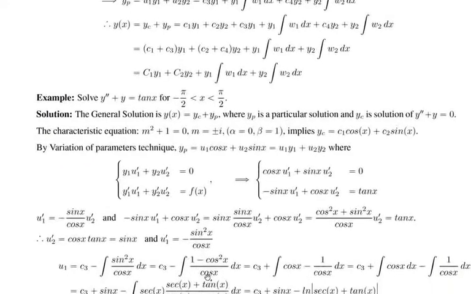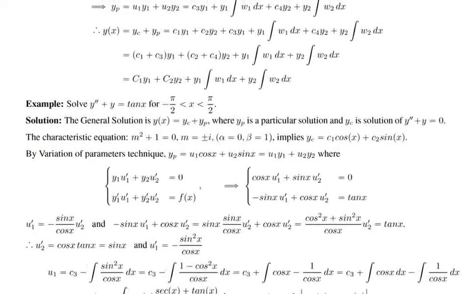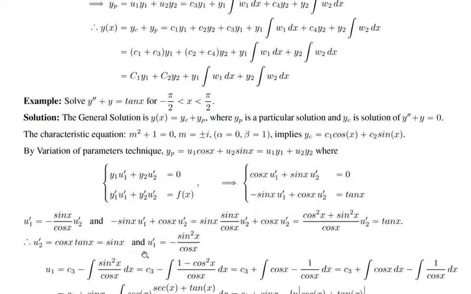The next step would be to integrate those two formulas and find what u1 and u2 are. First we need to integrate minus sine squared x over cosine x. Recall the antiderivative of this term is some constant c3 minus the antiderivative of sine squared x over cosine x. We're going to pull a few tricks to try to integrate it.